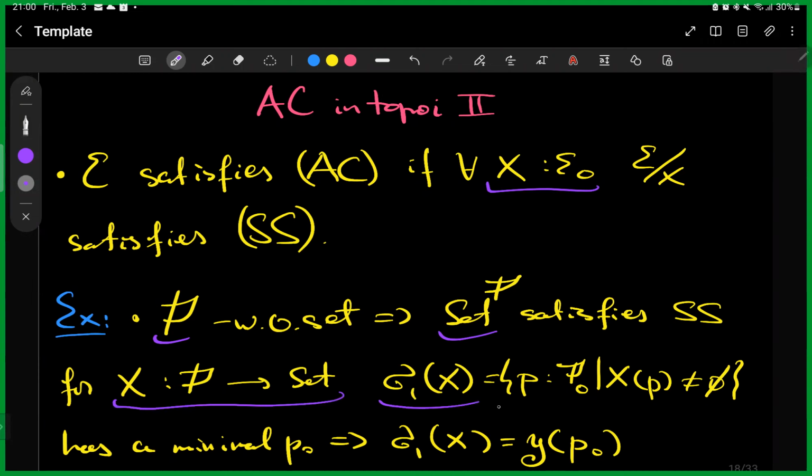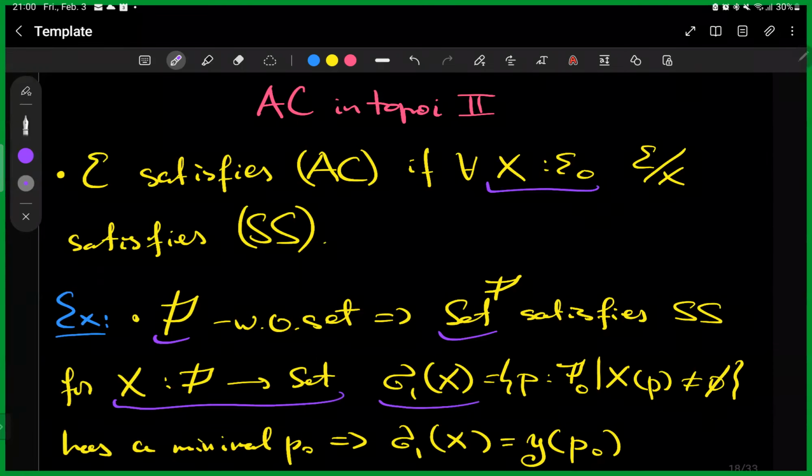Basically, by definition, it is a set which consists of p in P large such that x of p is non-empty.